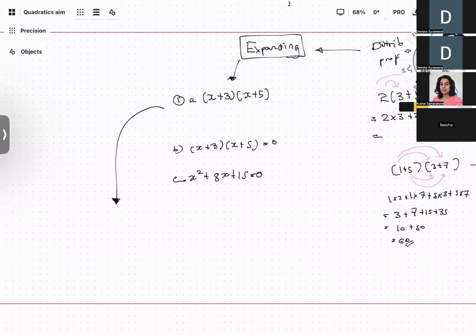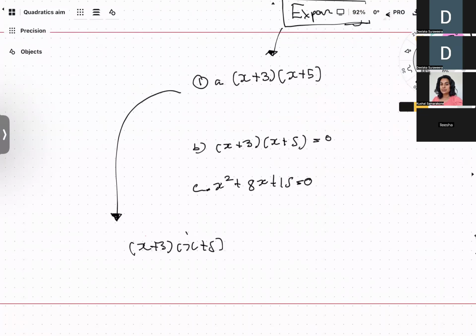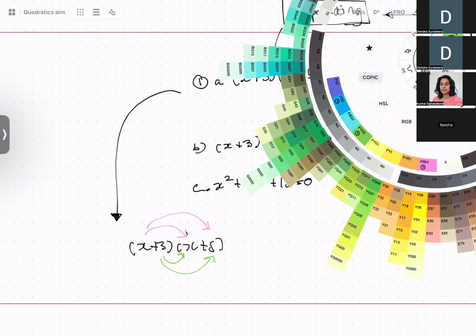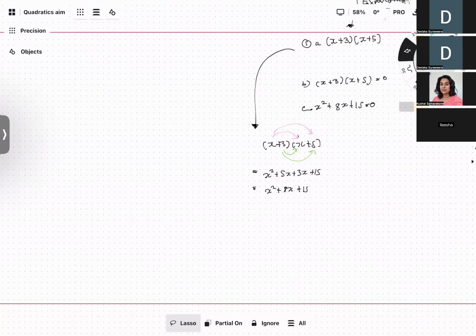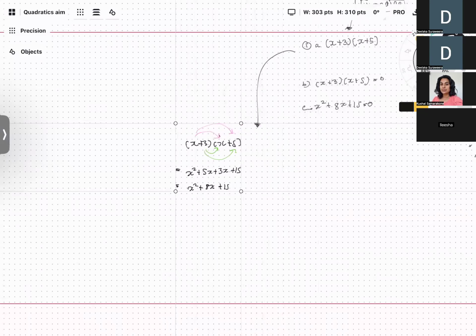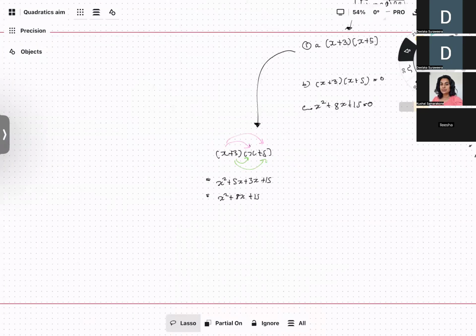So if we expand this out, x plus 3 times x plus 5, you use the distributive property, multiply x by every term in the other bracket, same with 3. x times x is x squared, x times 5 is 5x, 3 times x is 3x, 3 times 5 is 15. x squared plus 8x plus 15. And that's your answer, x squared plus 8x plus 15.